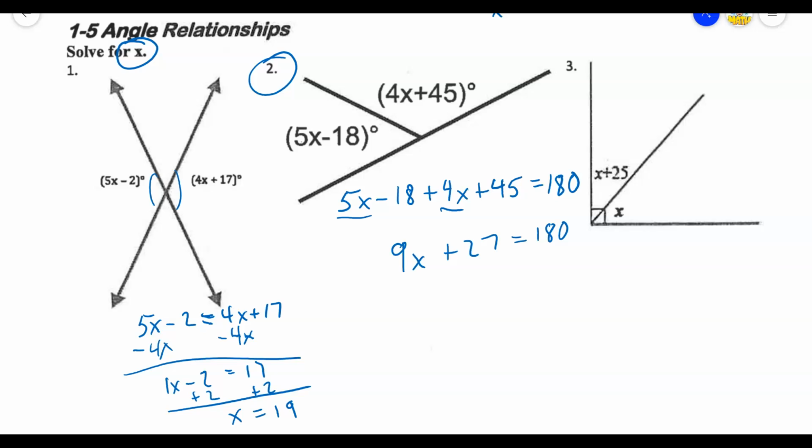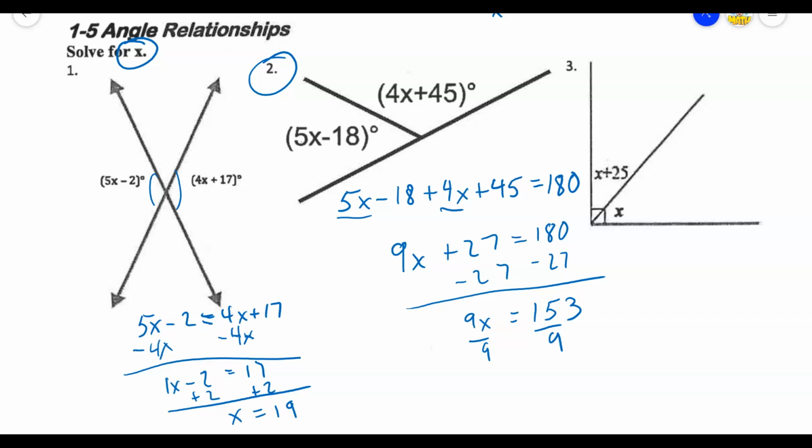It looks like I have all multiples of 9, so this should work out evenly for us. So 9x is equal to 180 minus 27. I think that's going to be 153. And then we divide both sides by 9. 153 divided by 9. You can use your calculator for that.